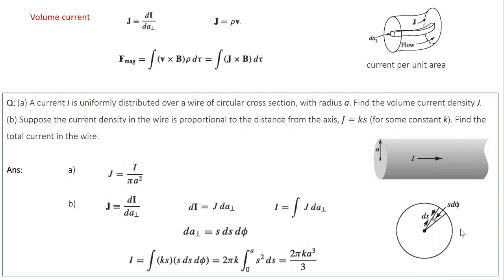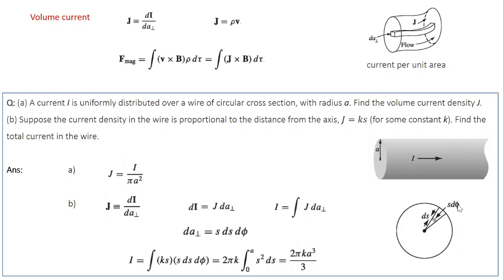Also, I have a variation along the azimuth angle, right? So s and phi are my coordinates of interest here. So in terms of s and phi, I can write the area element dA perpendicular as the line element corresponding to s, ds, multiplied by the line element corresponding to phi, which is s d phi.